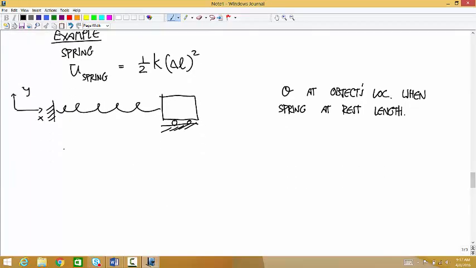So then in this case, the potential energy for the force applied by that spring is just 1/2 k x squared. You see that?